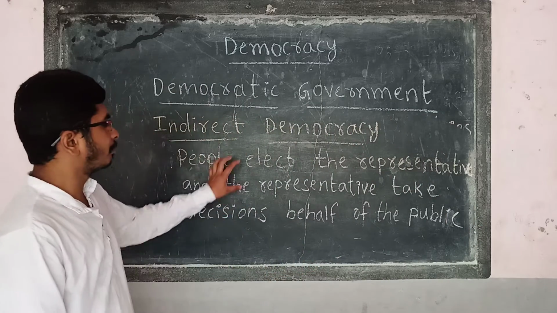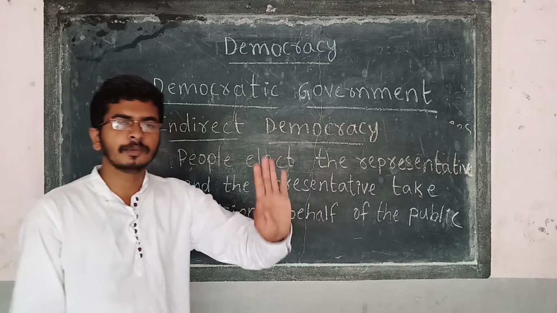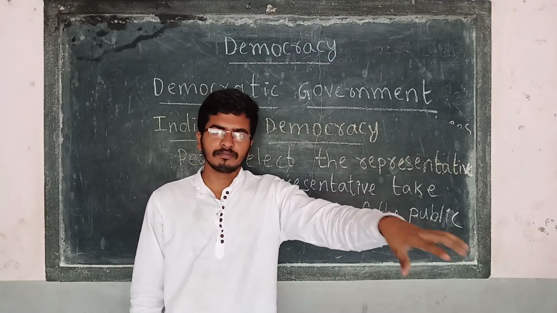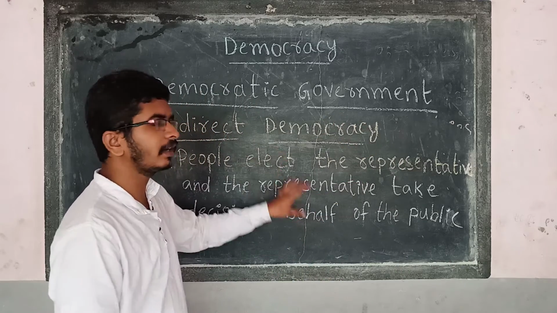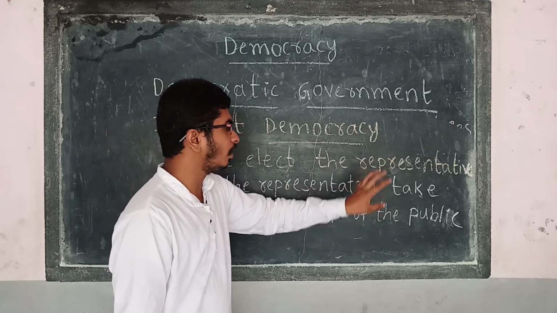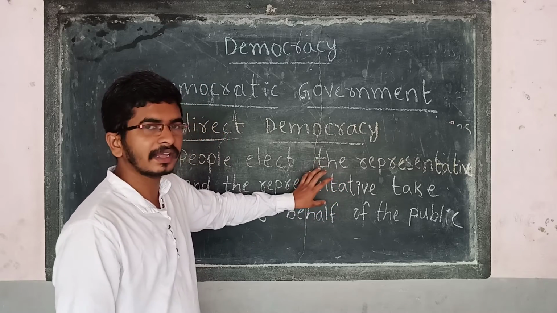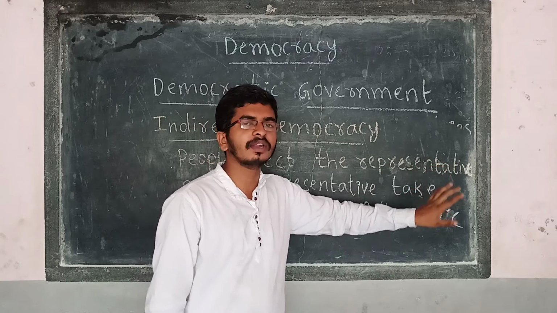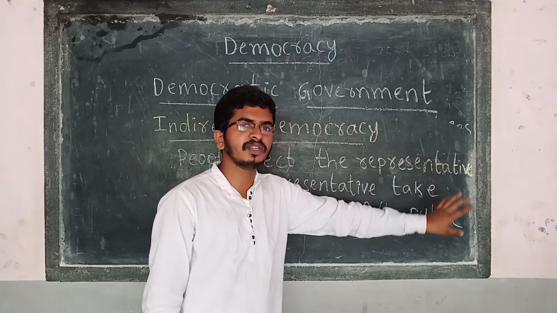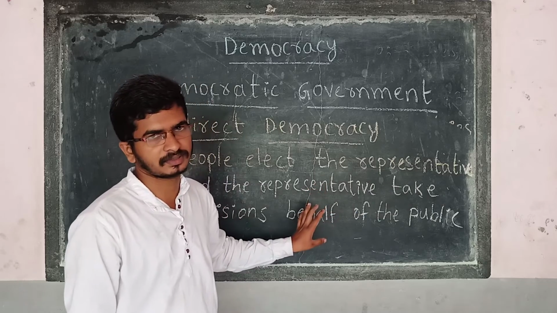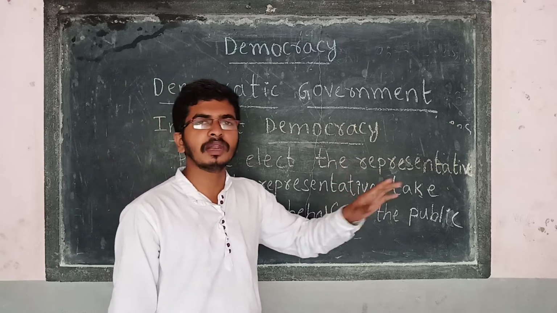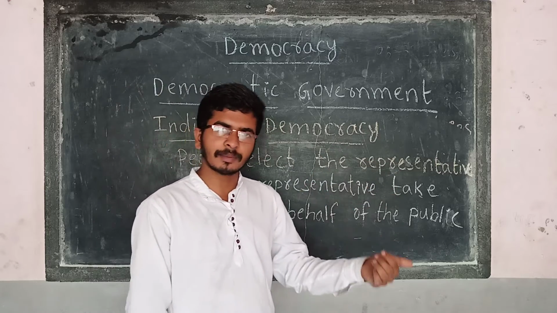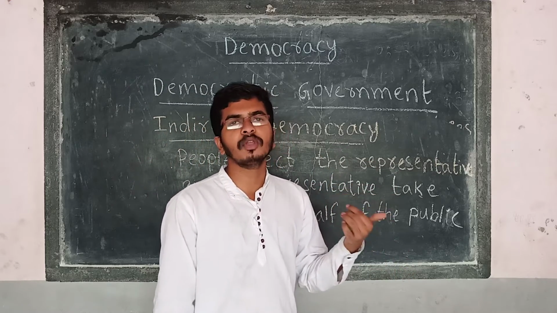Now people elected one representative, as in your class you elected some leader. In the same way people elected one representative. Now this representative will take decisions in the government on behalf of the people, based on whatever the public requirement is. Clear? For example, MLA, member of legislature, or MP. We will elect the MLA and the MP also, right?